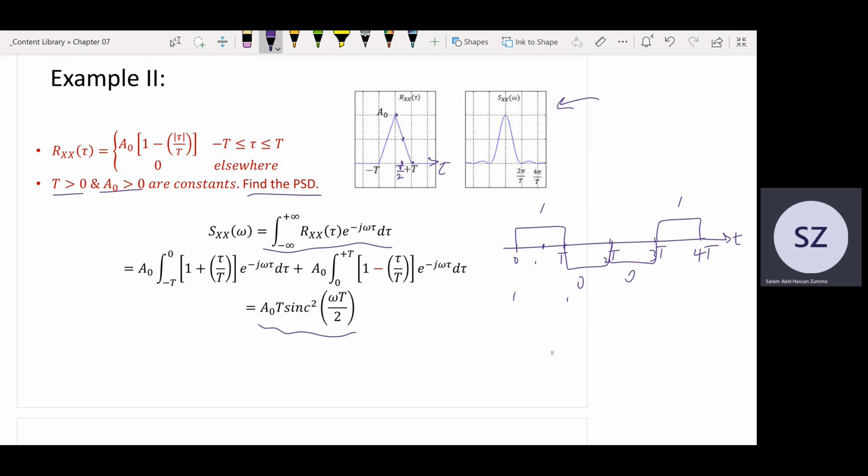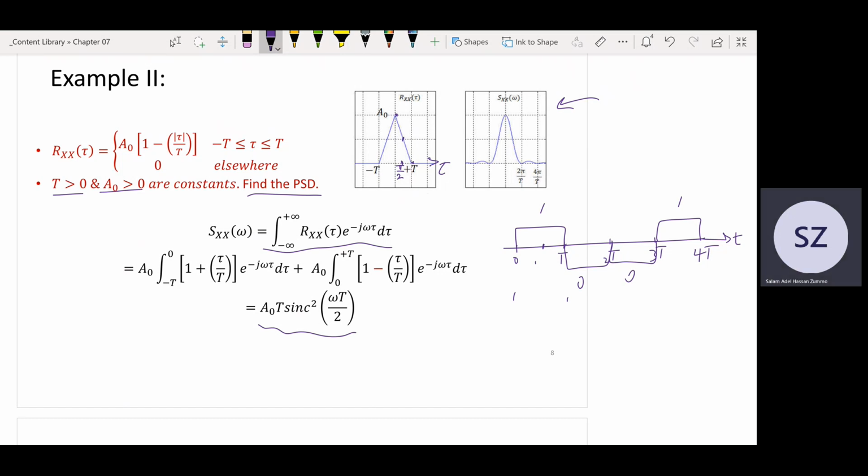And what do you think the bandwidth requires, lower or higher? Lower, right? Why? Because the width is larger. Now, if the width is larger, then the autocorrelation function is narrower, right? Isn't it? Sorry, if the width is larger, the autocorrelation function is wider because T is larger.